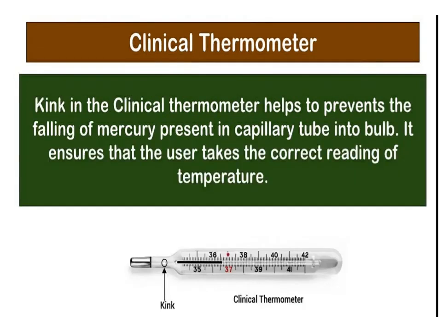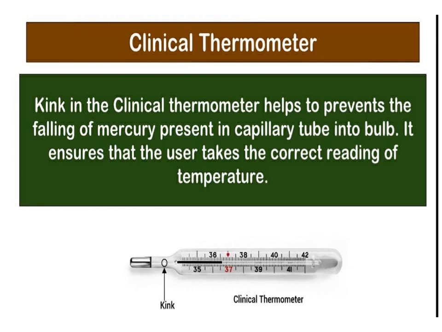Now, we will study more about clinical thermometer. Kink in the clinical thermometer helps to prevent the falling of mercury present in the capillary tube. As you can see, where these digits are written 35, 36, 37, 38, this particular place is known as capillary tube.